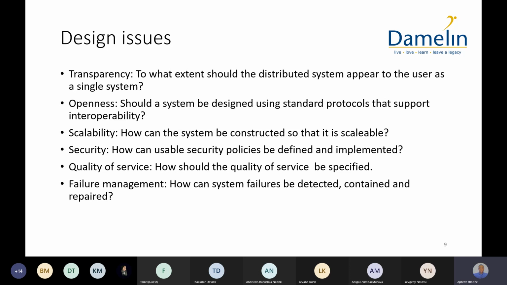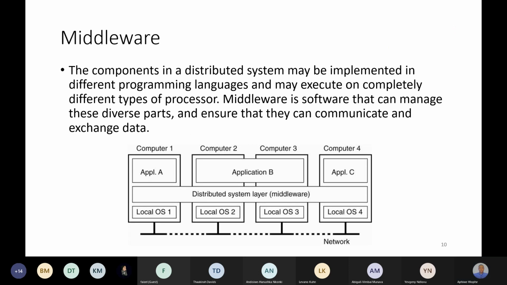And also failure management: how can failures be detected, contained, and repaired? Because there are multiple points of failure, it can be a big challenge to identify where the source of the problem is. So these are some of the design issues that you're going to experience when you are implementing these distributed software systems.